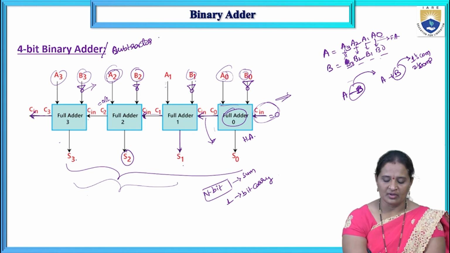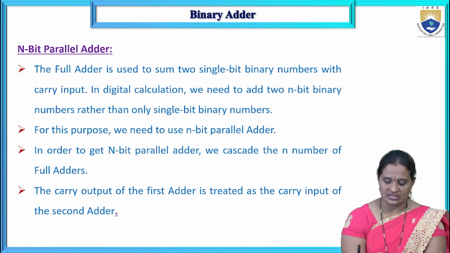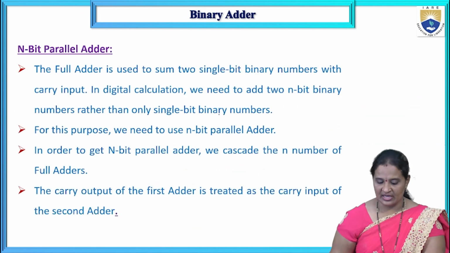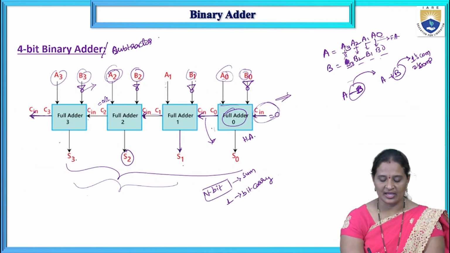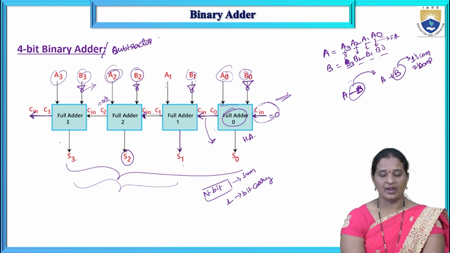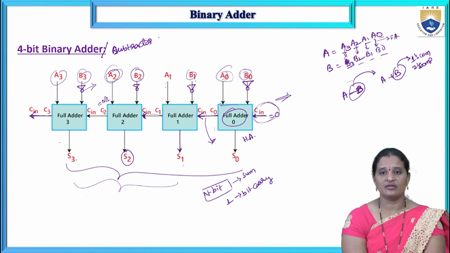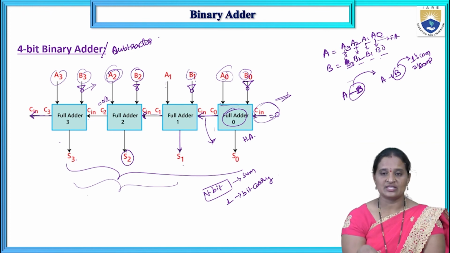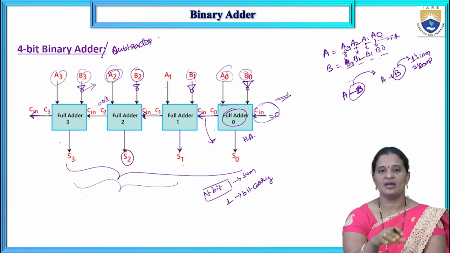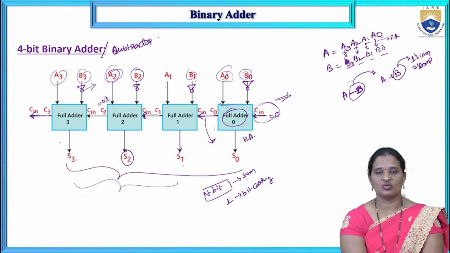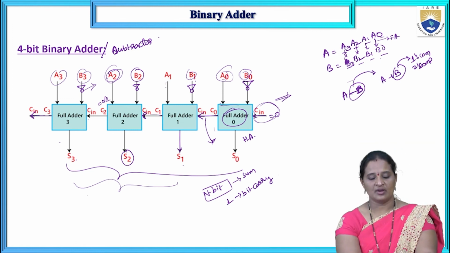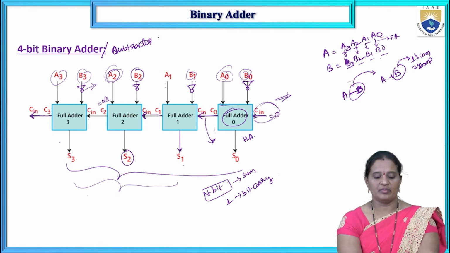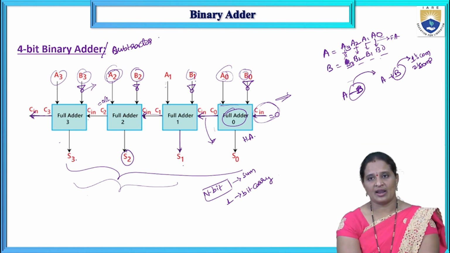Due to that time, it is delayed before being applied to the next stage. This delay is known as propagation delay. So even though all the inputs are applied at a time, all the 4 sum bits are not available at a time due to the propagation delay of the carry, which has to propagate from one stage to the other. That is the drawback we can observe from the 4-bit binary adder or subtractor.